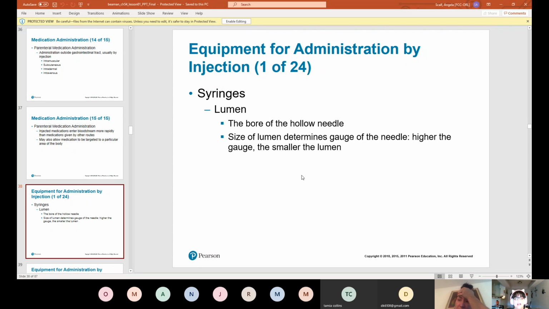And once y'all get into lab and you start picking up the needles, getting familiar with the equipment, once it's in your hand and you can see, it really helps. Usually this is a point where I would pass around the different size needles.